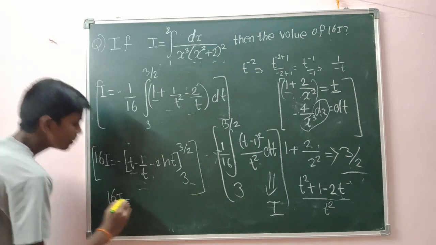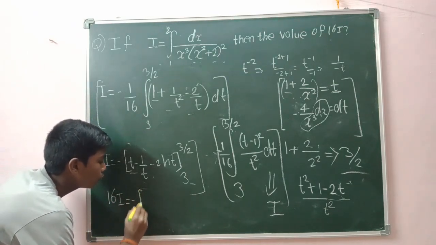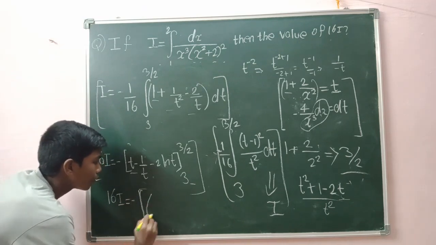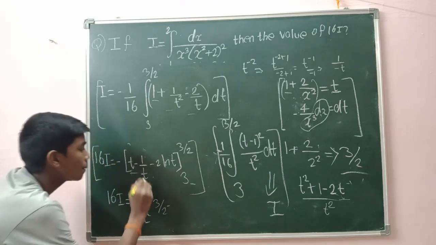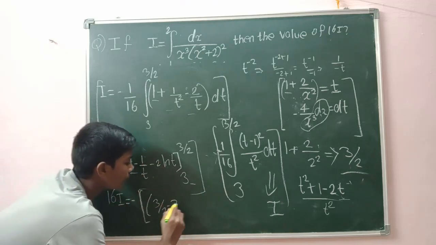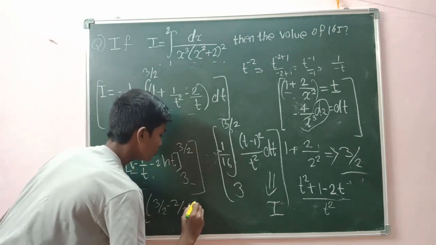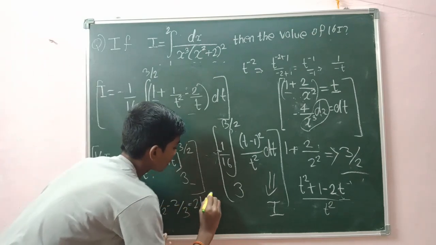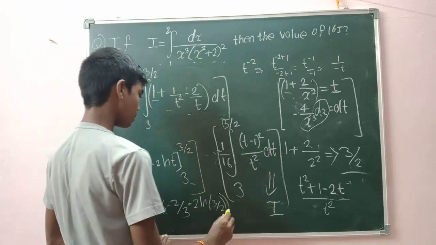So 16I will be equal to minus of: first put down the value of your upper limit, 3 by 2, in minus 1 by t. So 1 by 3 by 2 will be 2 by 3. Then minus 2 times ln of the upper limit 3 by 2. This is what you will get when you substitute your upper limit.